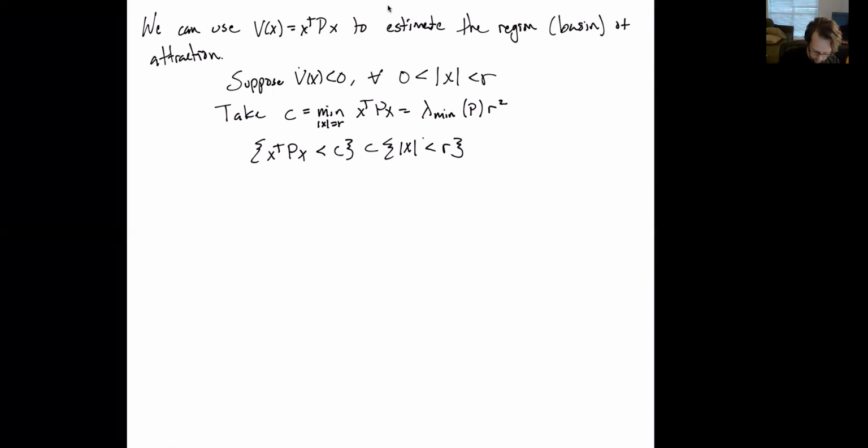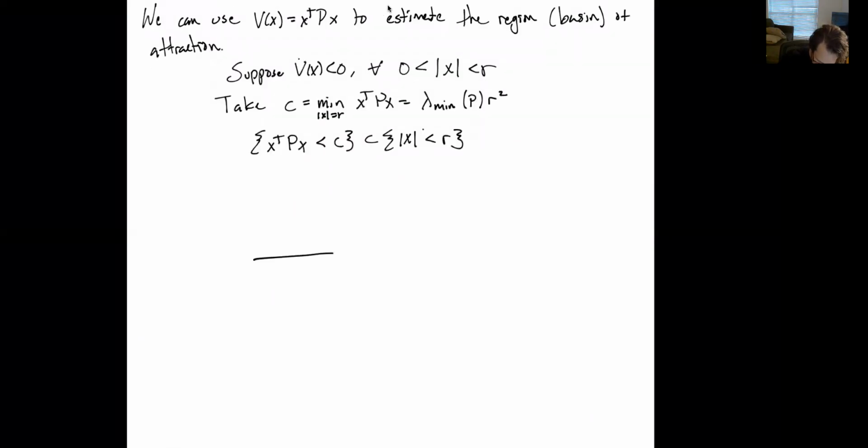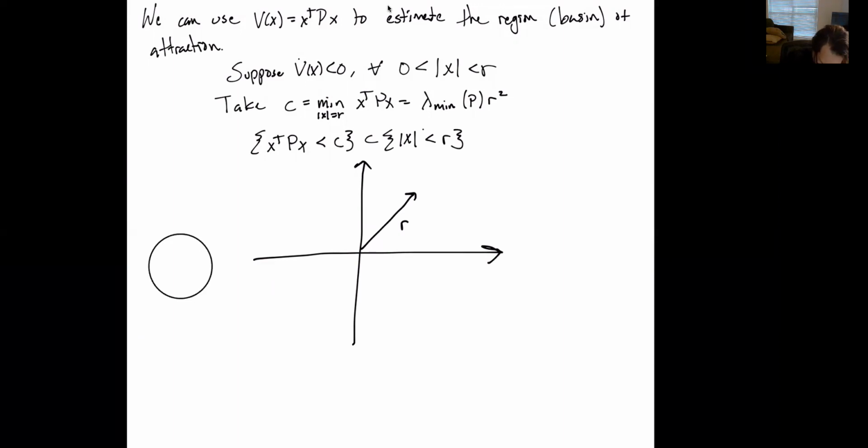Okay, so if I draw this pictorially, if I say that this radius is r, can I make a circle? Ah, there we go. Okay, great. Figured out how to make a circle, you guys. Close enough.